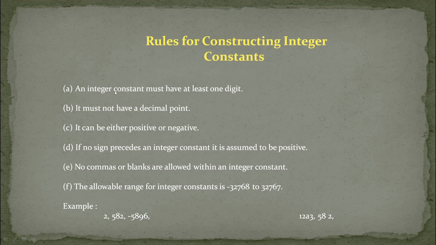How to make an integer constant? First, an integer constant must have at least one digit. Every integer constant must have one digit. This is 582, having at least one digit. Secondly, it must not have a decimal point. Every integer constant does not contain any decimal point.